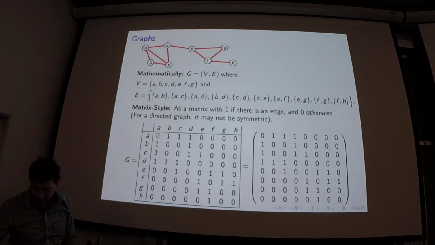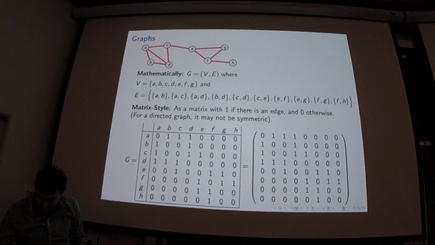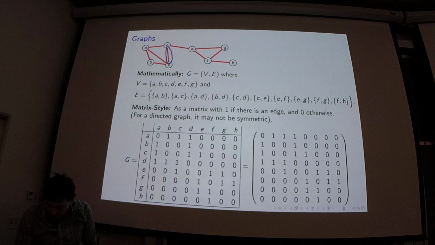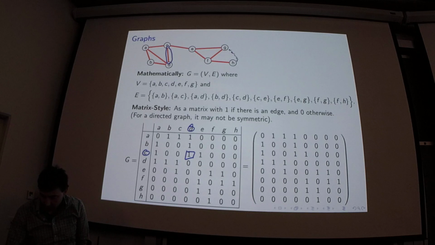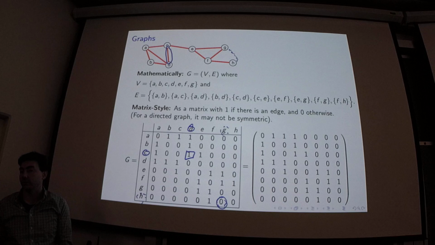So if I look at, let's say, this edge between C and D here, there's going to be a 1 because there's an edge there. If I look at between, say, G and H, there's no edge here, right? So if I look at G and H, then there's a 0 here. There's no edge because there's a 0, okay?